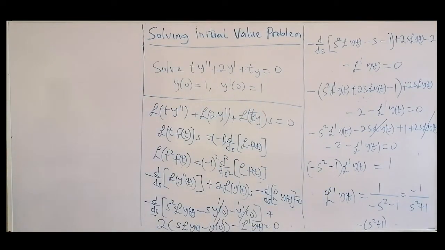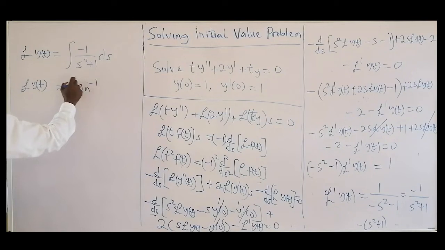If you take the integral on both sides, you remain with Laplace of y of t equal to the integral of minus 1 over s squared plus 1 with respect to s. The integral of this will be equal to arctan s, and don't forget the minus there. So that's that.